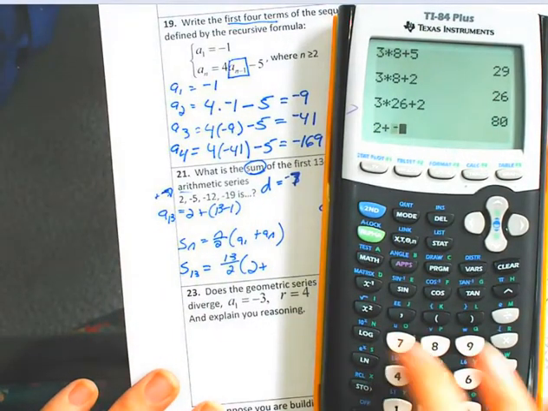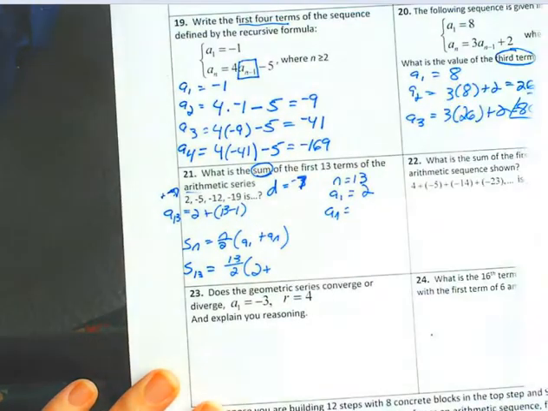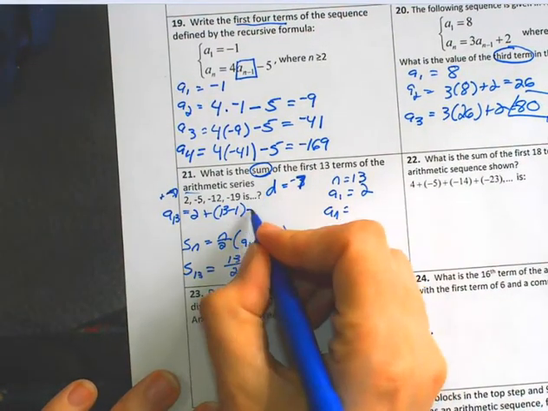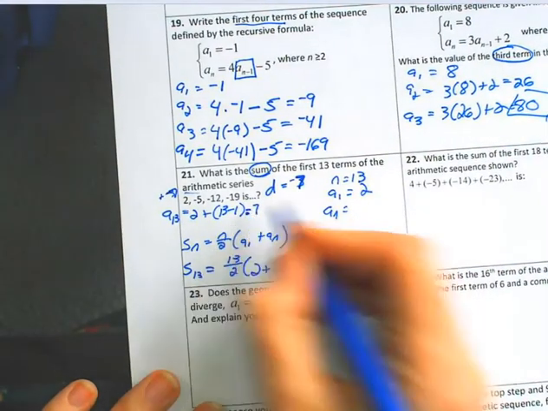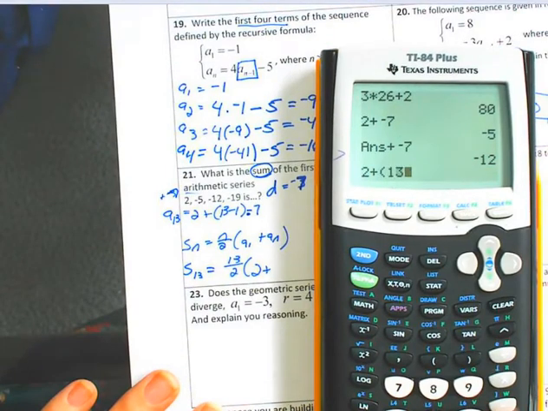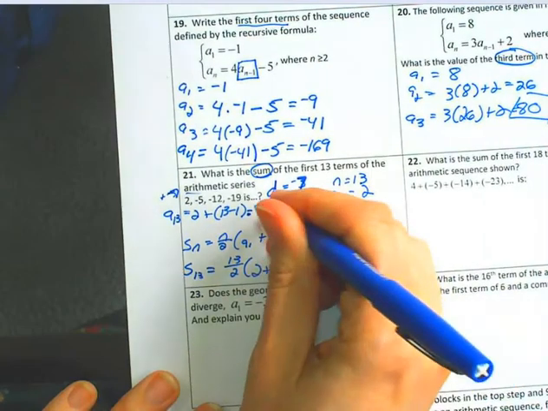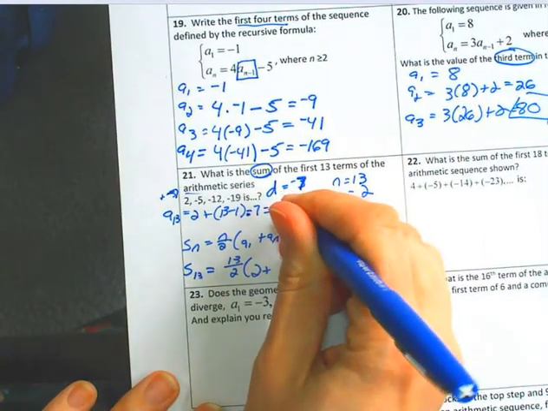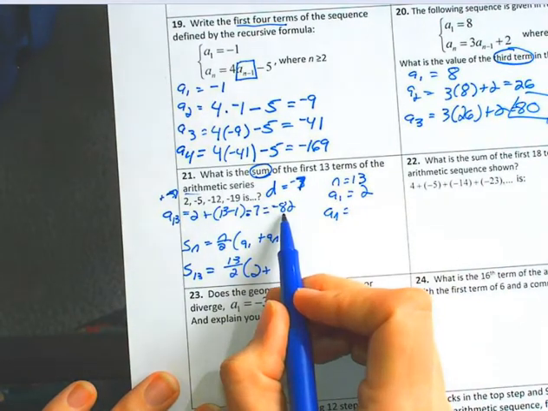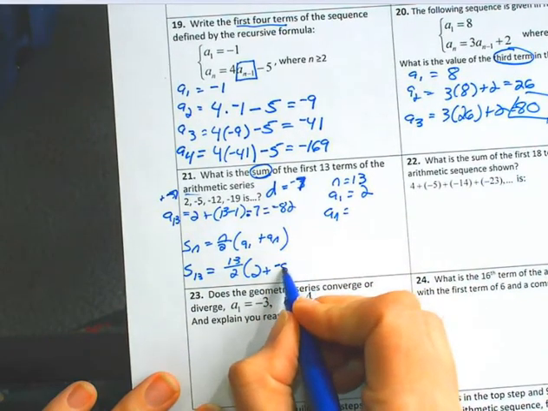Just make sure that works. 2 plus negative 7 plus negative 7. So that works. So it's negative 7. So times negative 7. All right, so 2 plus 13 minus 1 times negative 7 is negative 82. Okay, so the last term is negative 82. So then I'm going to plug that in here, negative 82, because that's what I was missing.